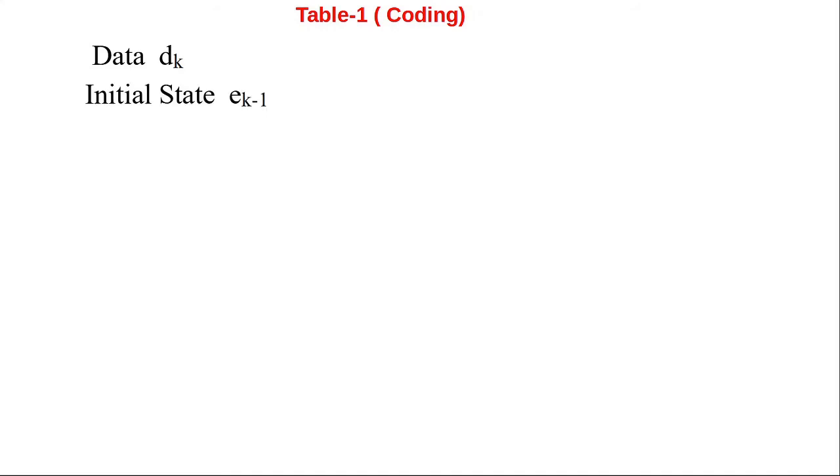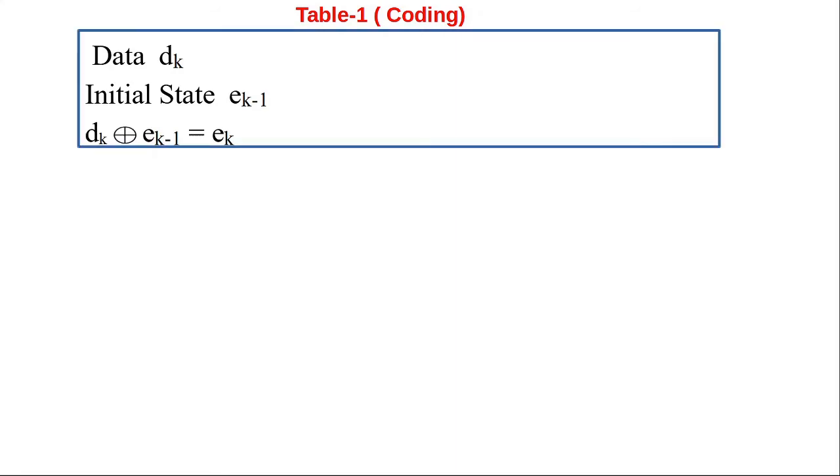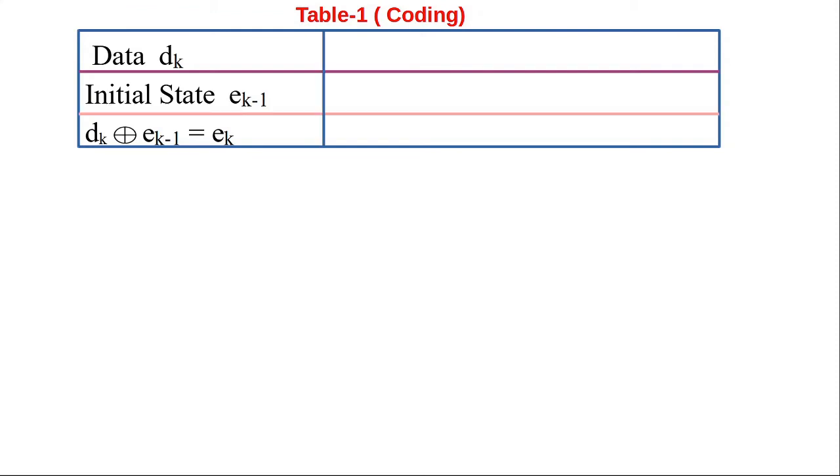Here the input data stream dk, initial state ek minus 1 and ek will be dk exclusive or ek minus 1 as shown in table 1, and difference bit is considered as 1 and initial state 0, so dk equal to 1. Here it is our bit stream or the initial data stream.